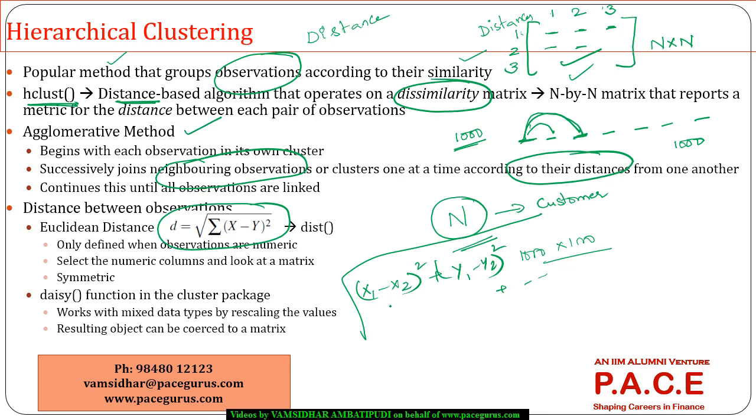If the first person has variables x1, y1, z1 and the second person's variables are x2, y2, z2, the distance between the first and second person goes with this formula, which is what we call Euclidean distance. The same Euclidean distance can be computed in R using the function dist.